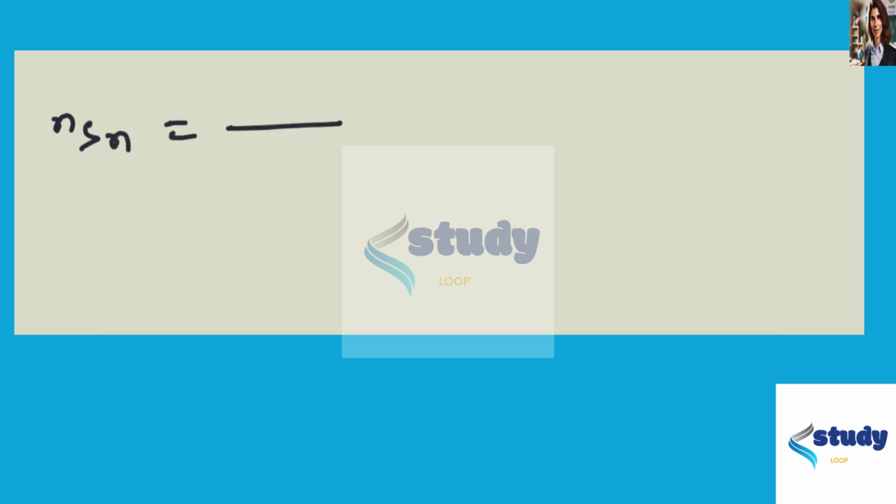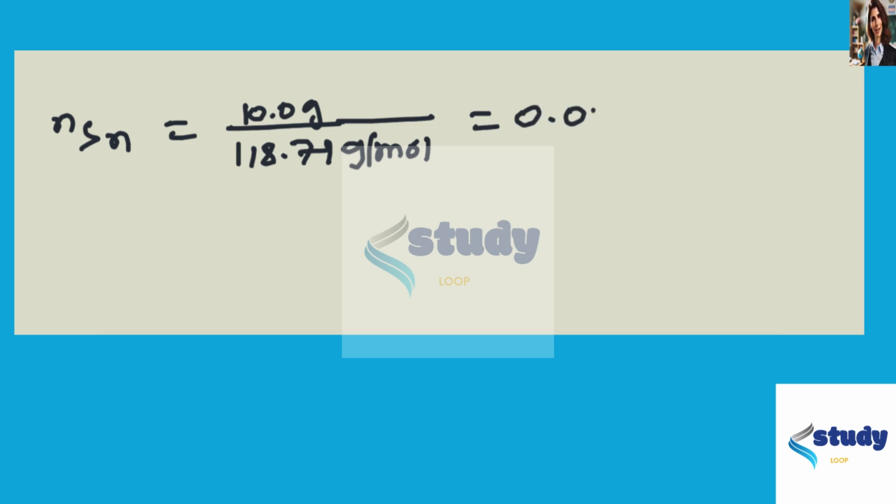The mass is 10% of 100 gram, that means 10 gram, over the molar mass of tin, which is 118.71 gram per mole. From here we get a value of 0.084 mole. This is the number of moles of tin which is present.